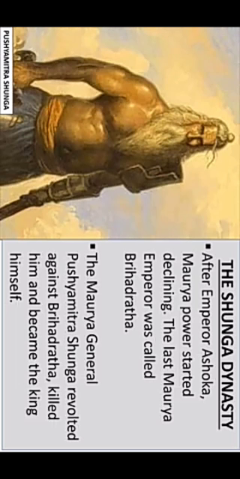It means the army general Pushyamitra Shunga, along with all the soldiers under him, waged a war against Emperor Brihadatta. The emperor was killed in this war, and Pushyamitra Shunga himself became the king.